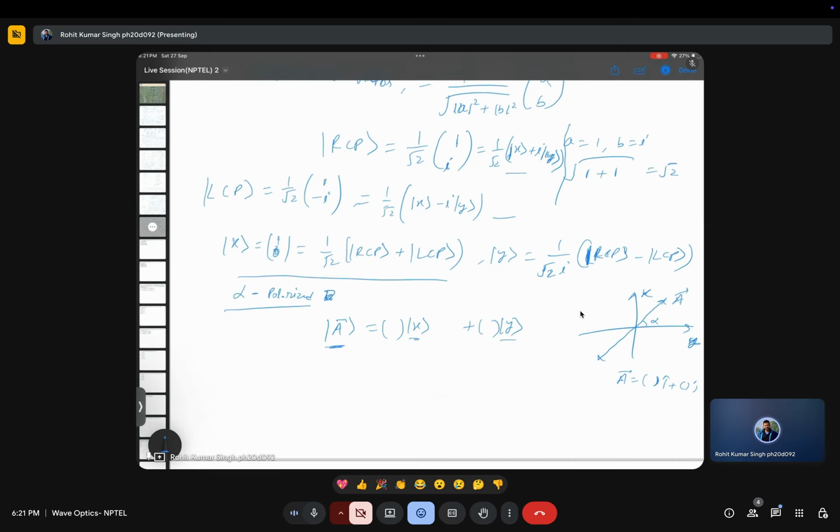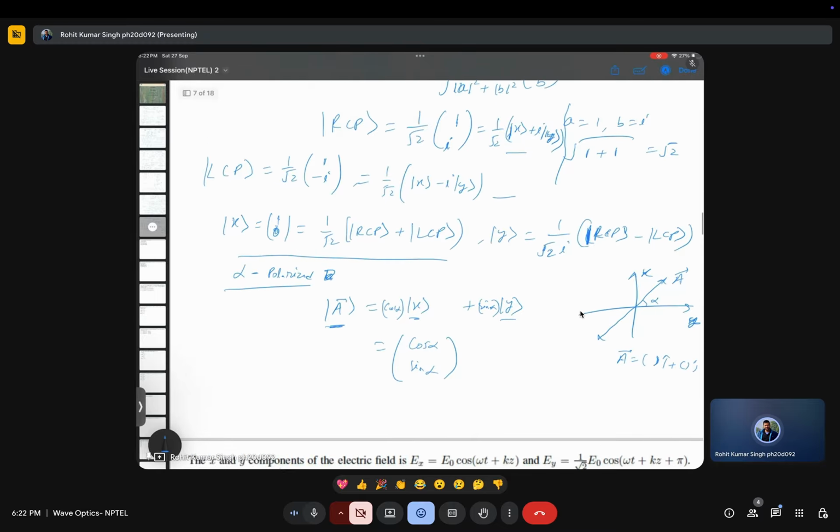So what will be the components? Cos alpha and sin alpha. Great. And this will look like this in matrix terms. So this is an alpha polarized wave.